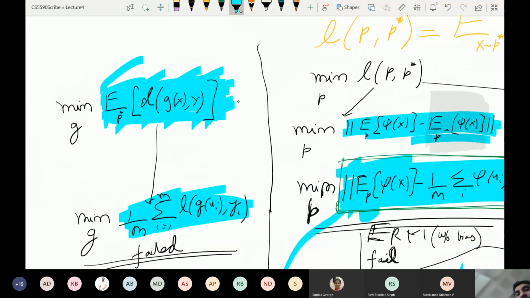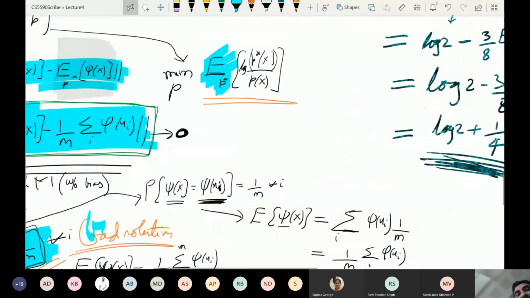So there was no problem. But in this case, P star appears again inside. So is there a way to remove it? If this was not there, then I can solve the problem along the lines we did earlier. So do you think you can eliminate this?